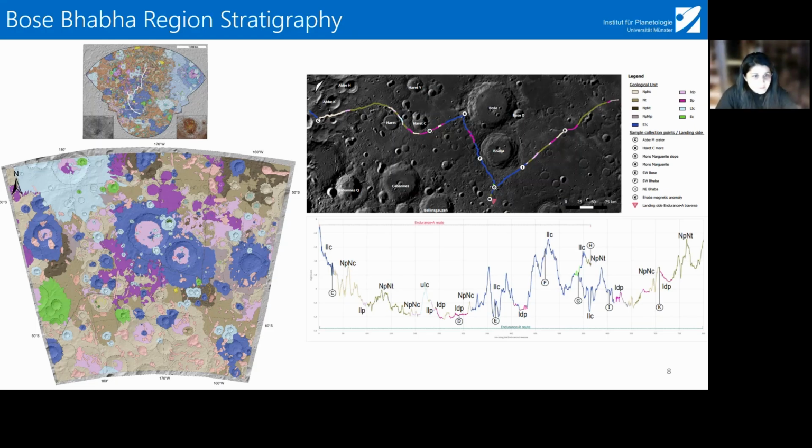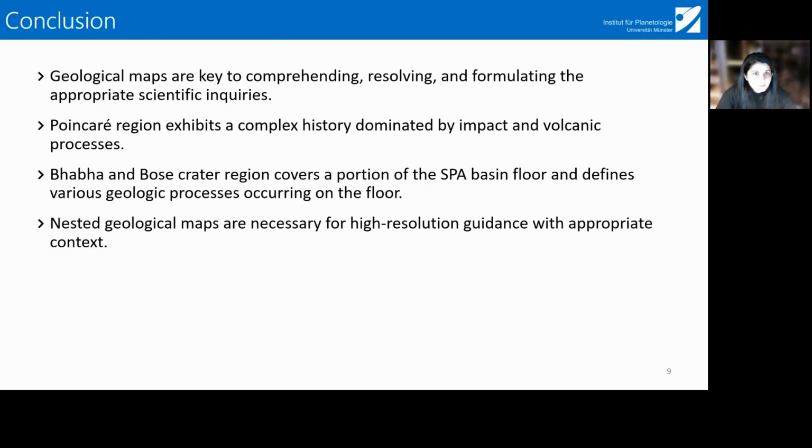Next slide, please. So this is a summary of my talk. You can see that many of the questions that geological maps address are your scientific queries, but many of the questions you ask after finishing the geological maps tell you where you could actually go to answer certain questions.